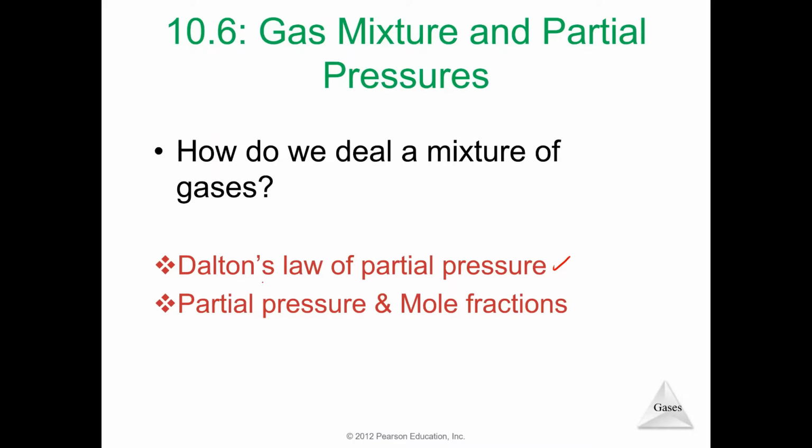Dalton's law of partial pressure states that if we have a mixture of gases, let's say hydrogen plus oxygen plus nitrogen plus ammonia, the sum of their partial pressures is equal to the total pressure. You just add them up and that's what you get.